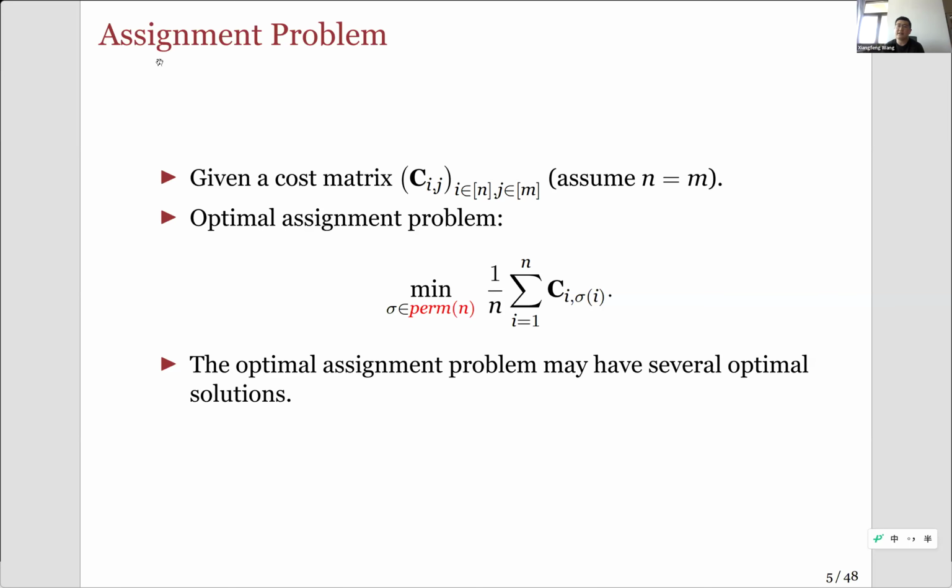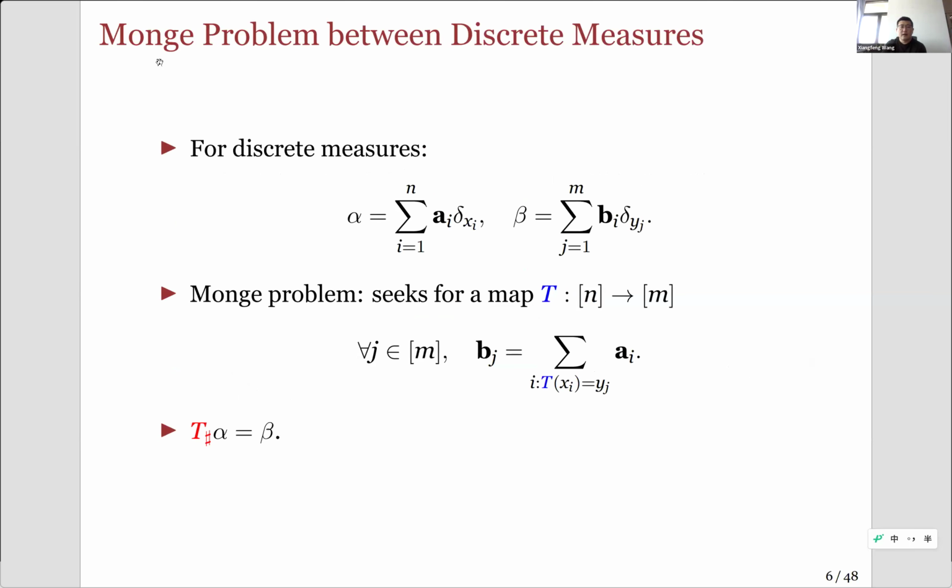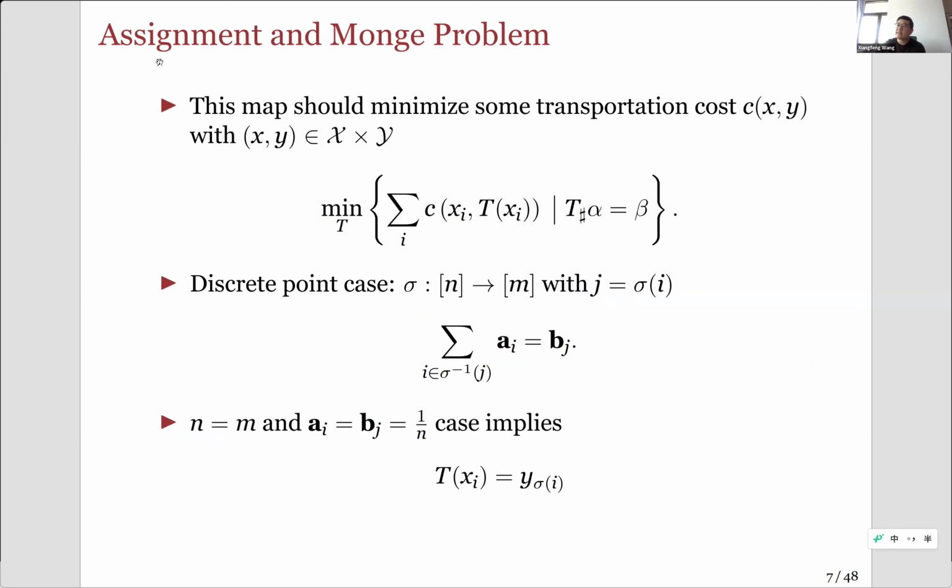The objective is to find the map T minimizing the total transport cost, where C(x,y) is the cost of moving mass from x to y. In the special case where we have n points in each distribution and all weights are equal, the Monge problem essentially becomes the assignment problem, where the map T corresponds to a permutation sigma, which means T(x_i) equals y_sigma(i).